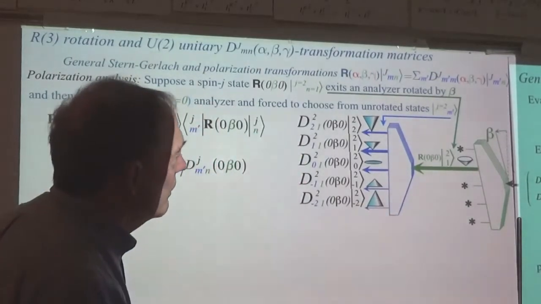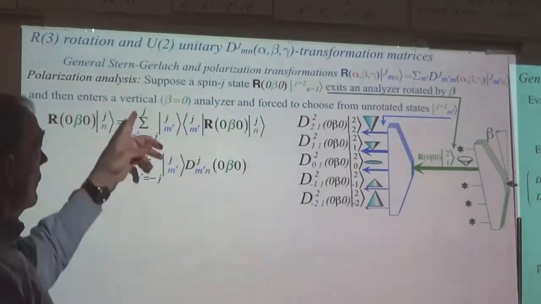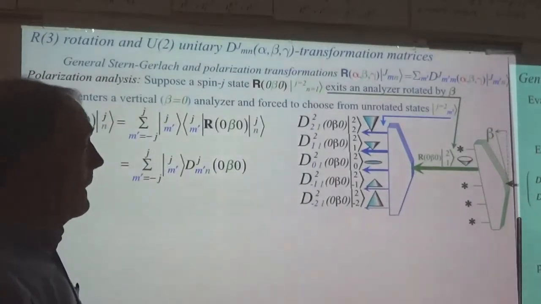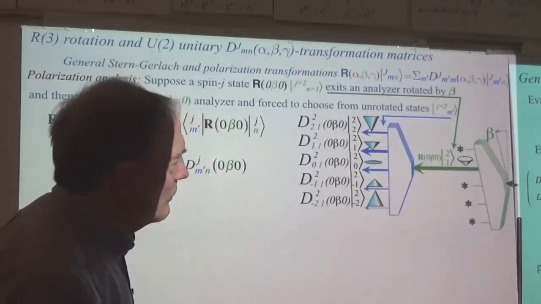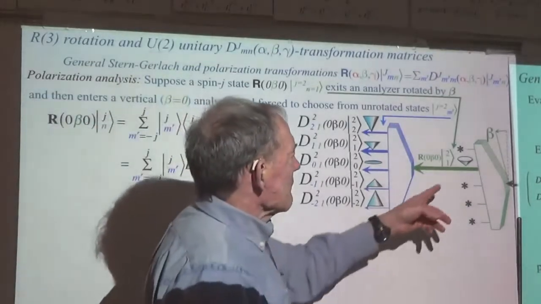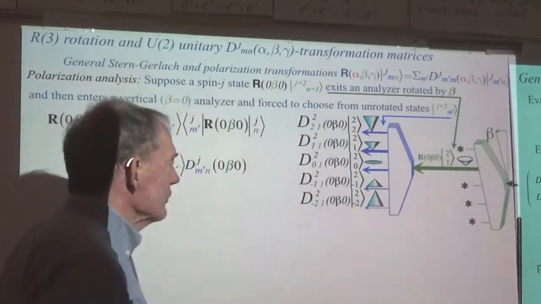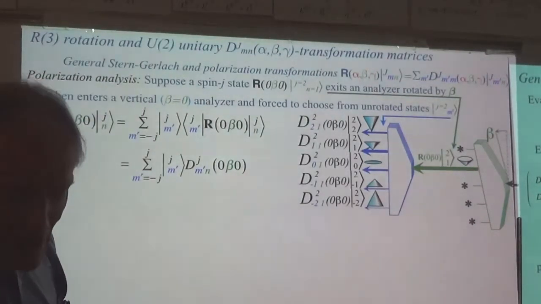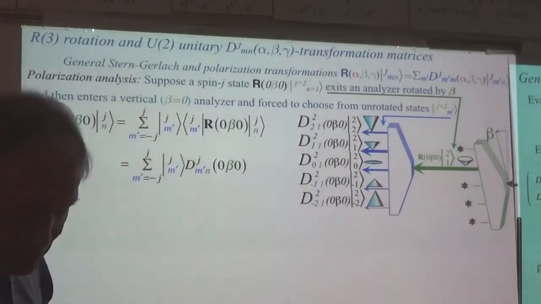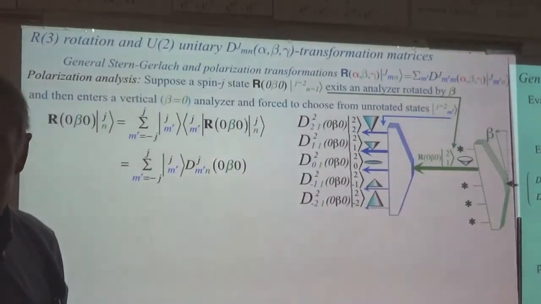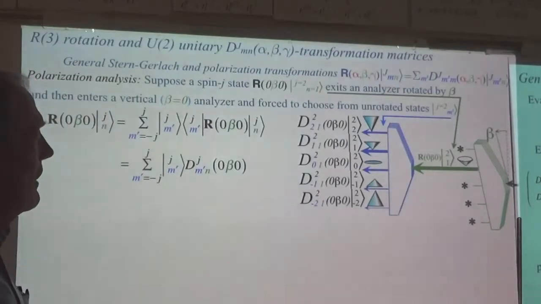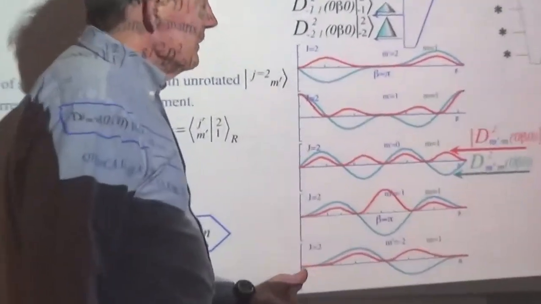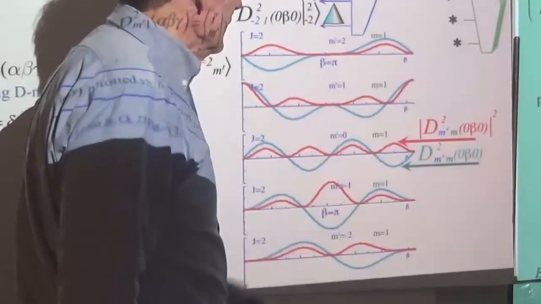So we're really looking here at a Stern-Gerlach experiment, but not with spin 1/2, spin 2. We're looking at roughly 4 times as many components. Or let's just say I'm thinking of 2 as being 4 times 1/2, but you know, cut me a little slack on that sort of thing. The idea is that, using these functions, you get the prediction of what you'll get at each value of beta.